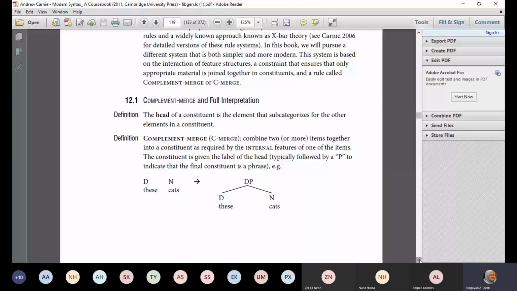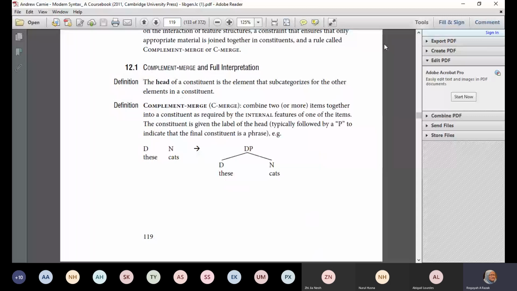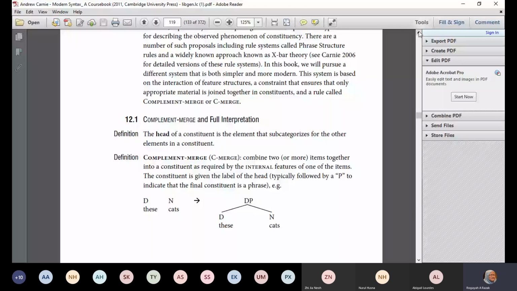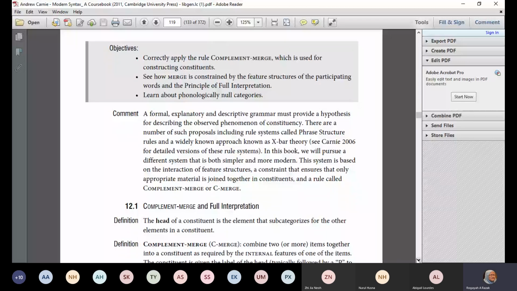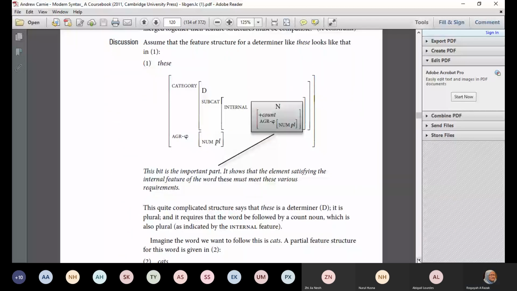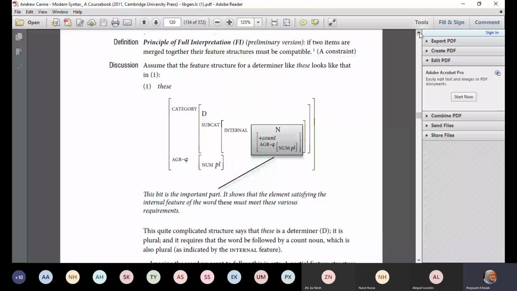Okay, and then he shows you how it works. So he says there is a principle of full interpretation. He gives you the principle of full interpretation, preliminary version.